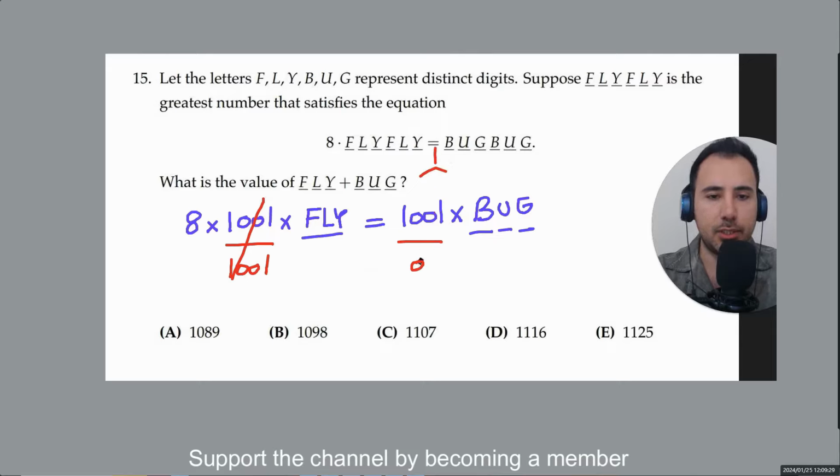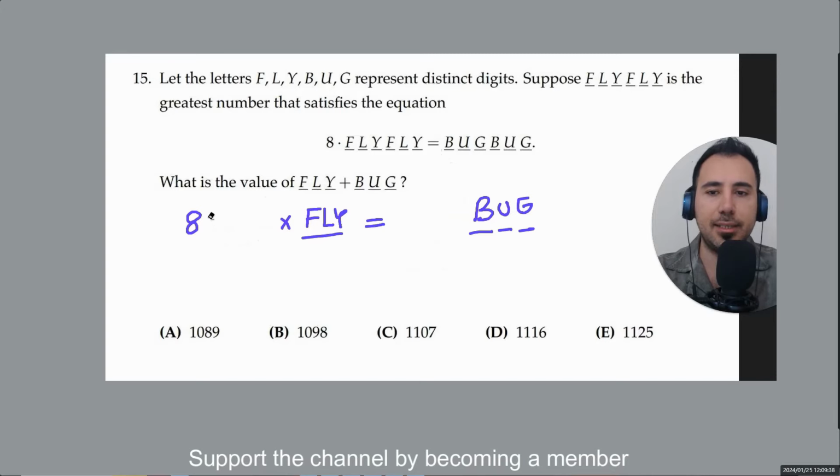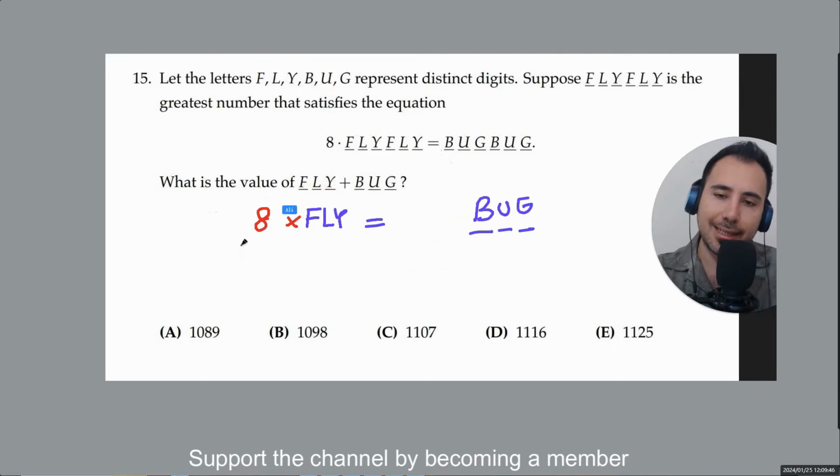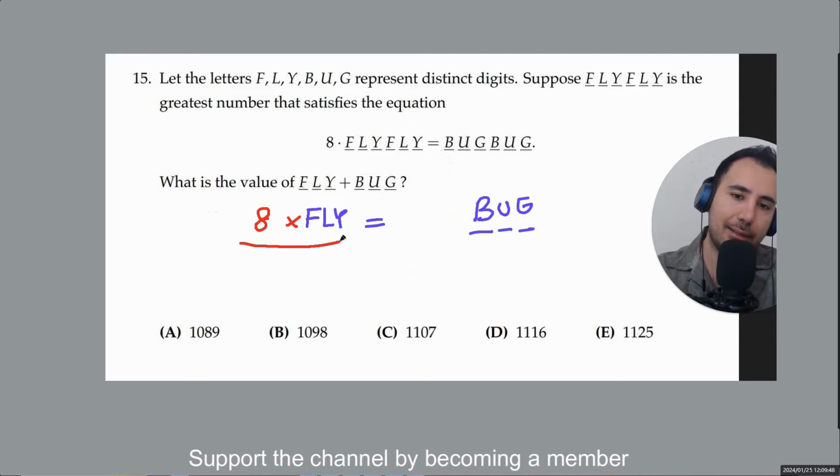So I would just clean this part, and the same here. So what I'm going to have is 8 times FLY is BUG. So I just simplified this part of the equation. Now look, this is being multiplied by 8, so that means this is also multiplied by 8.